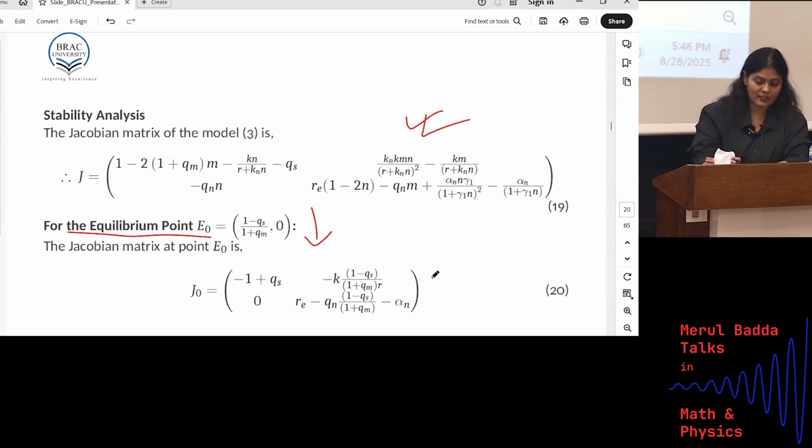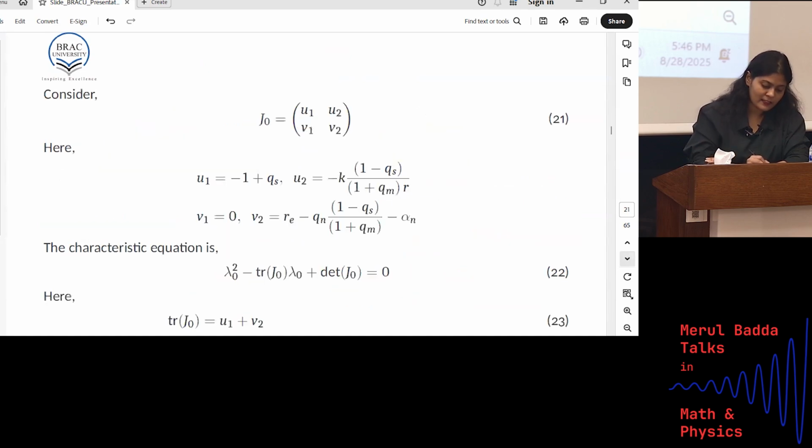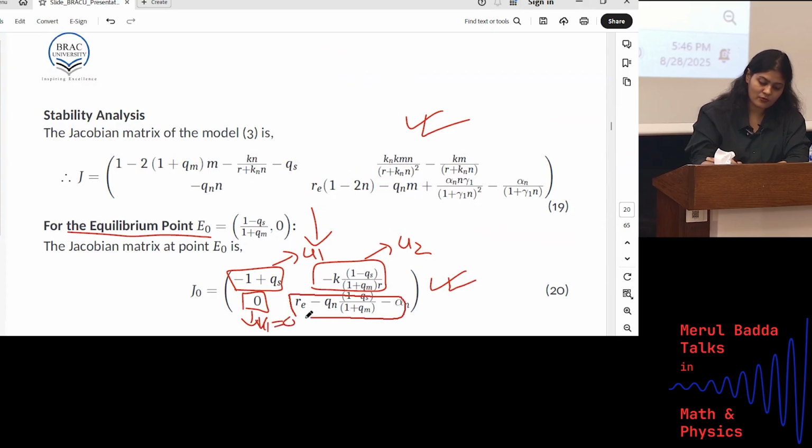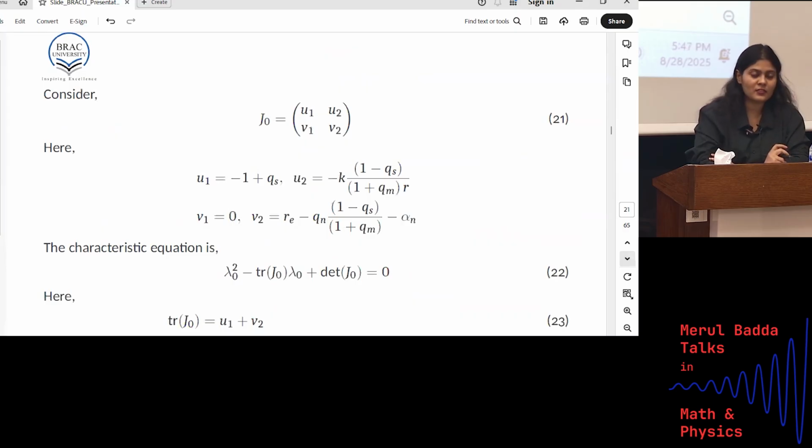Then we consider this term as u1, this term as u2, this term as v1, which is 0, and this term as v2. So we rewrite the notation in this way, and we can write the characteristic equation for this Jacobian matrix, which is this.